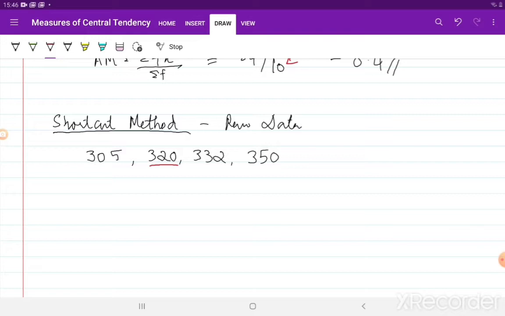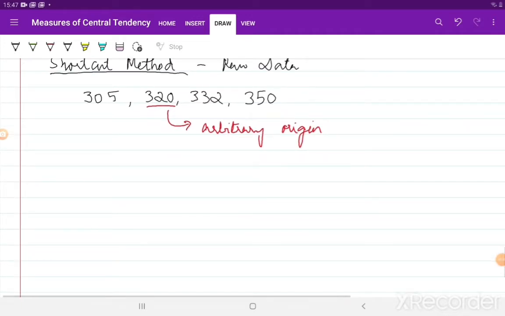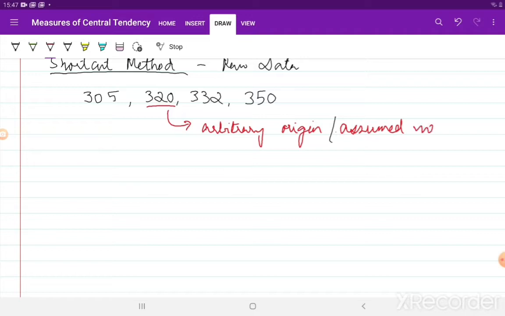It's called the arbitrary origin. This is also called the assumed mean. These are the two names that are generally used, the assumed mean, or it's called the arbitrary origin. Okay, and we are denoting it by A.